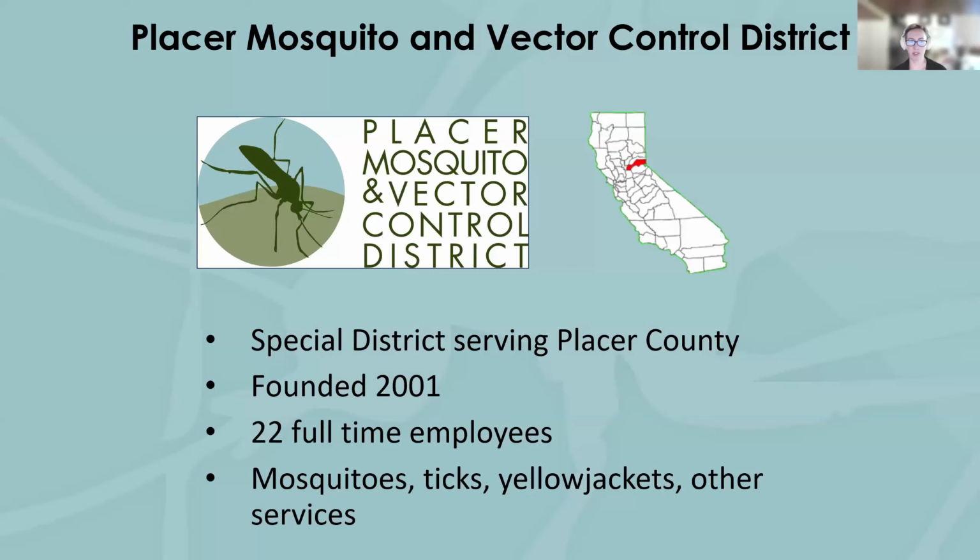And it's important for this talk, partly because it's where I work, but also partly because we are one of many similar agencies throughout our state, generally called mosquito and vector control districts or vector control districts. And while they are different in some aspects, they are all focused on protecting public health.